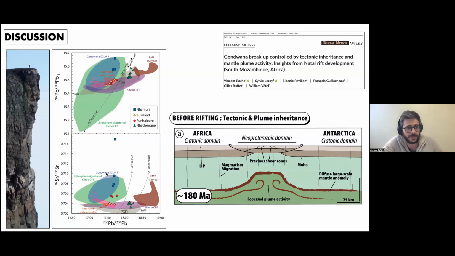And when we use the different isotopic data, they fall here in this diagram, and that matches the idea of the plume, which is located in this area, because the isotopic signature is the same as, for instance, the Rooi-Rand complex or the Siberian flood basalts.